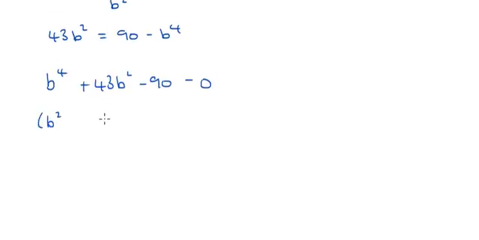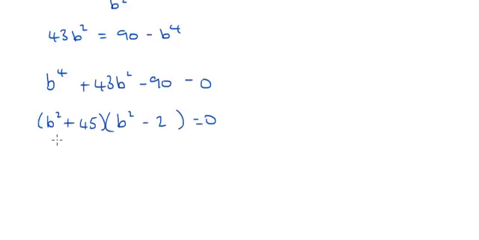Now if your calculator factorises quadratics, you can use your calculator to factorise this with a b squared here. It's actually really straightforward. If we take 45 and 2, that's going to make our positive 43 and negative 90.